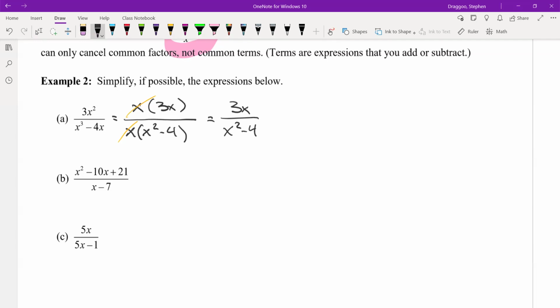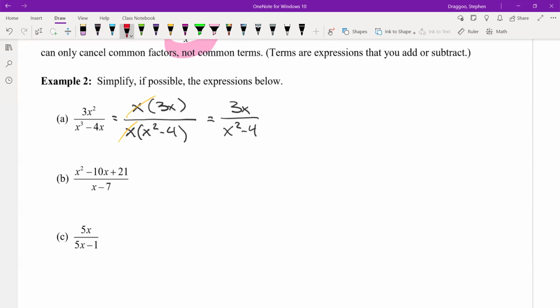And that's going to be my simplified set. So because an x was present in every single term, I could reduce an x, but only one, because my least power of x is 1. So it's the only one I could get rid of.